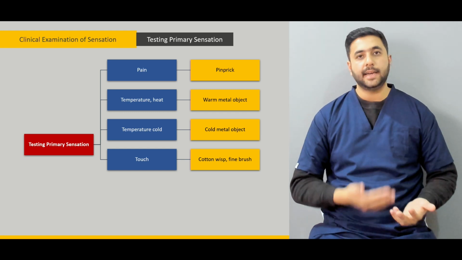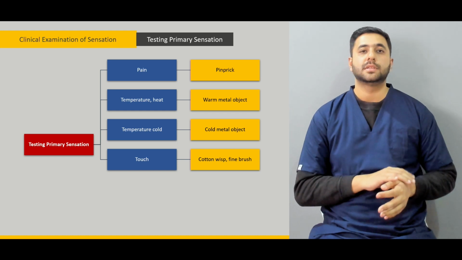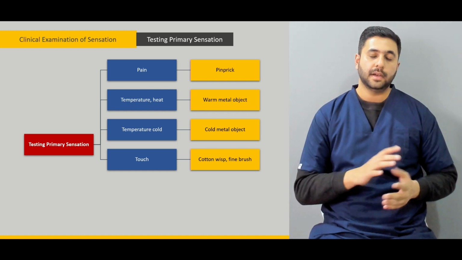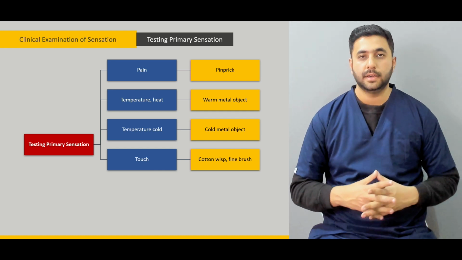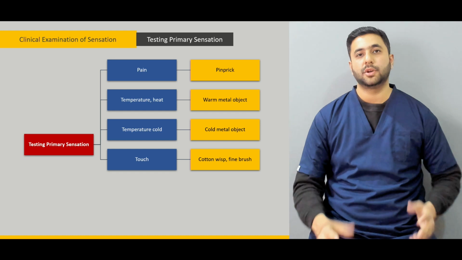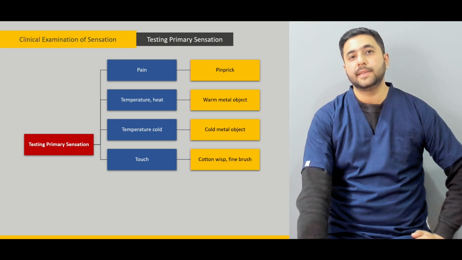We can demarcate whether the problem is localized to a certain area of the body or a certain dermatome, or it involves multiple nerves or multiple dermatomes. This helps us in identifying whether the lesion is localized or it is a general problem.